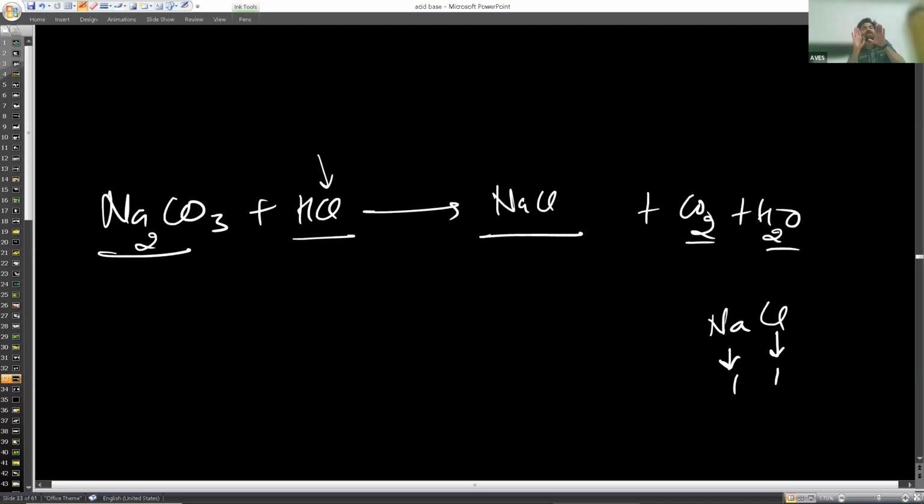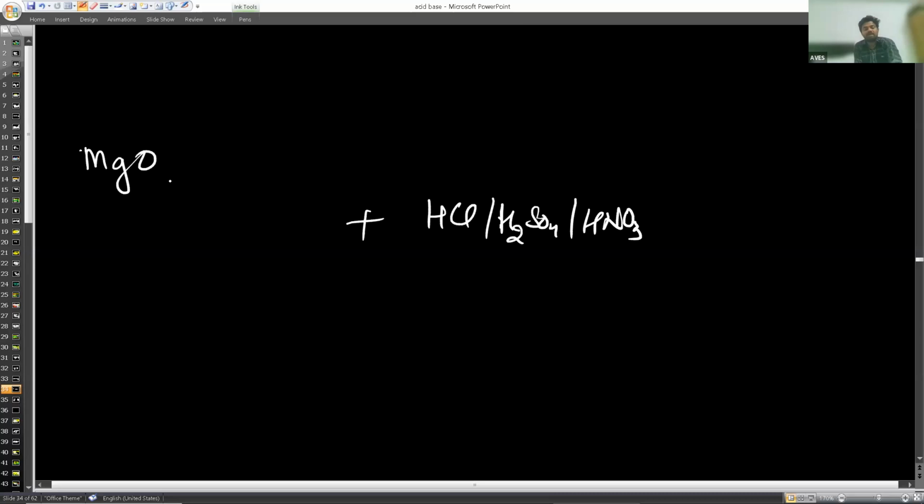You need to take the metal only, whether it is metal oxide reacting with acids, like for example, I'm just writing here, an acid, HCl or H2SO4, HNO3, and it is reacting either with, let's say, MgO, a metal oxide, or with a carbonate like CaCO3, or only with a metal like potassium, sodium, or with a hydroxide, like magnesium hydroxide.